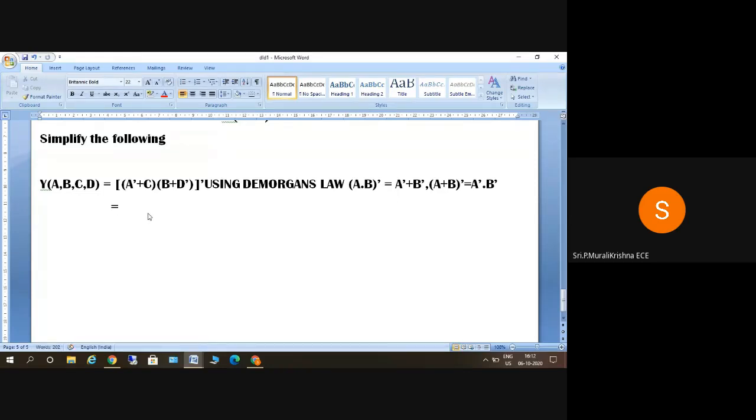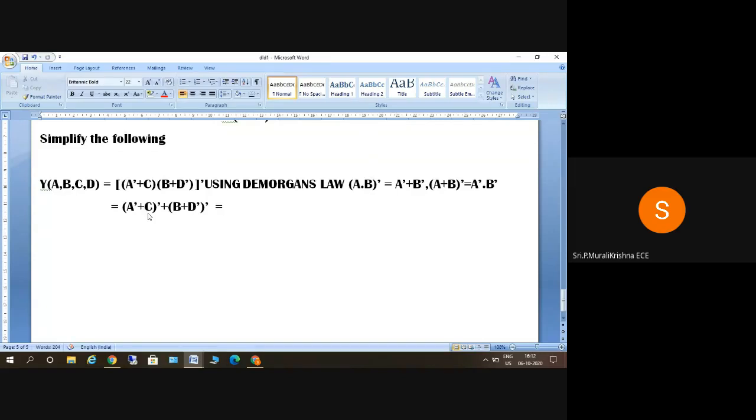Okay. So this is nothing but (A bar plus C) whole bar plus (B plus B bar) whole bar.